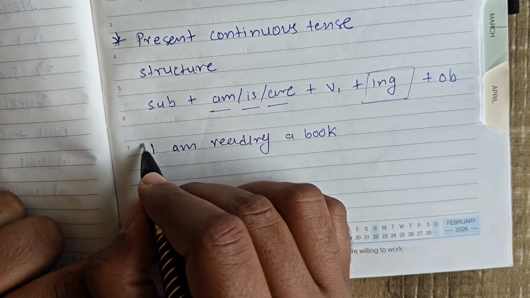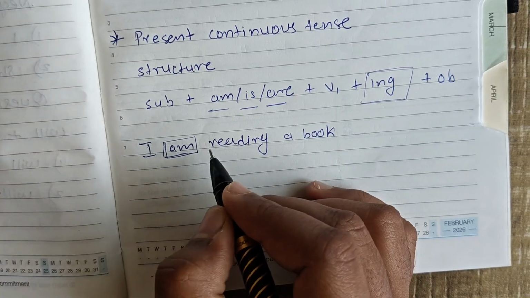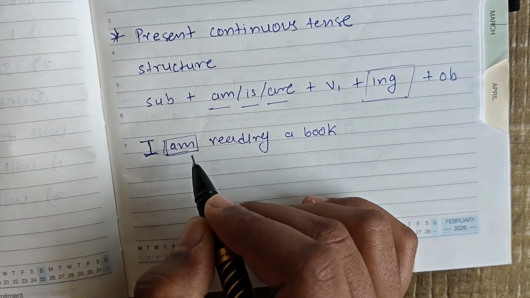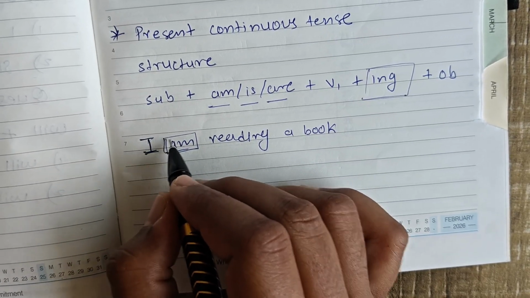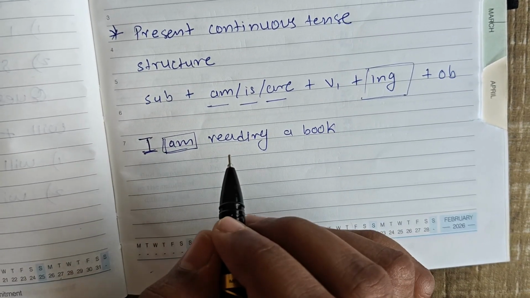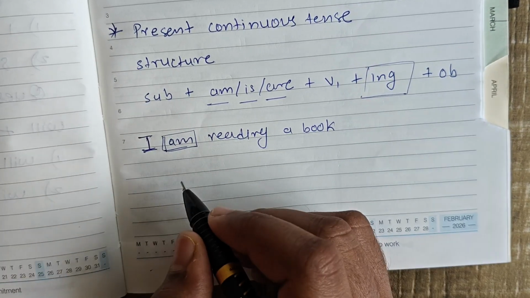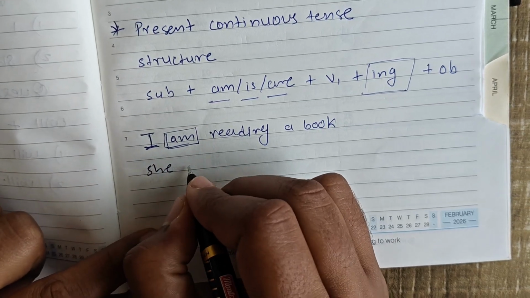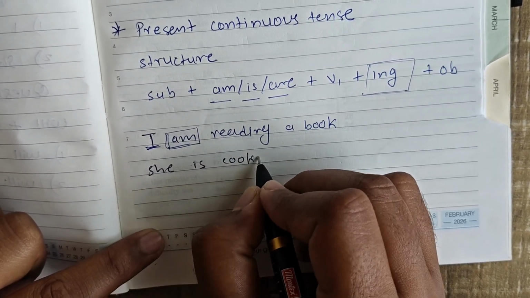Always with I comes am. So if our subject is I, we always use the helping verb am in every ongoing action. Let's see another example. शी इज कुकिंग फूड, वो खाना बना रही है.